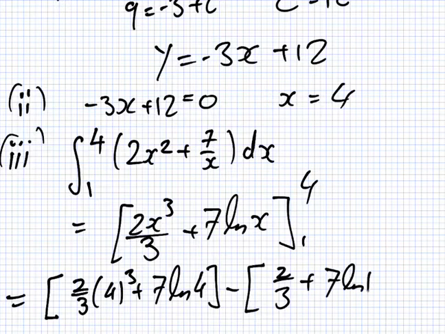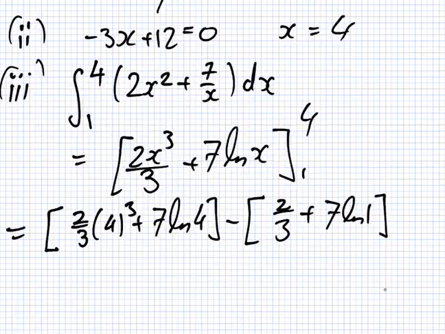Log 1 is 0. Okay, let's just type this into the calculator. You'll get a decimal for sure. 51.7? 51 point something. Yep.